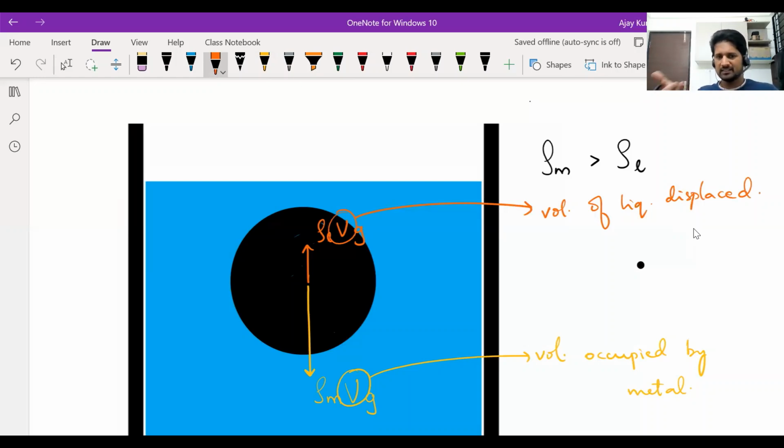In this case, both are the same because the sphere is completely filled with material. Therefore, weight will dominate buoyant force.